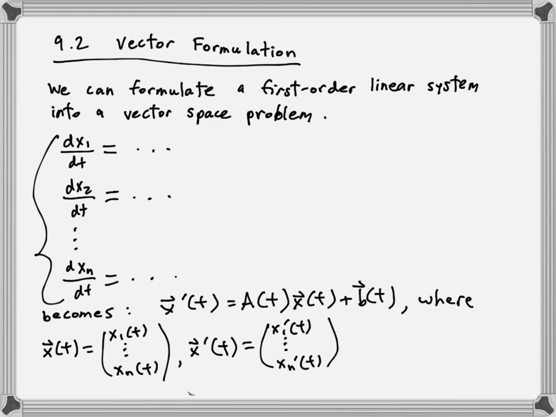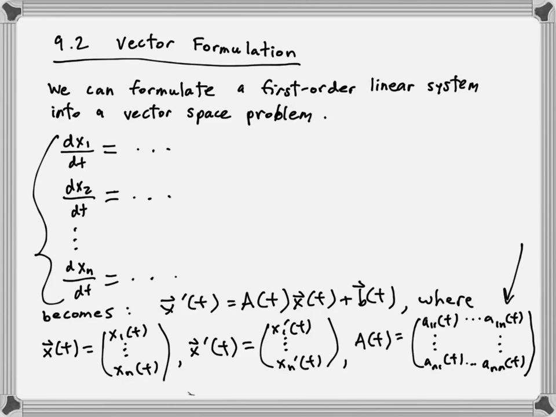So that's x prime of t, and A of t. This is maybe the most important part. A of t is going to be exactly that, and this is what we call the matrix of functions.